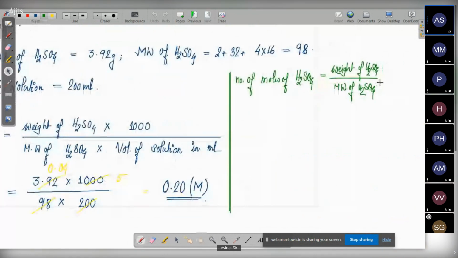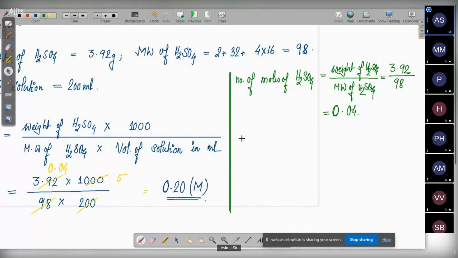Okay. So the weight of H2SO4 is given, 3.92 divided by 98. So you calculate this and get your answer. We have already done that. This one will be 0.04.